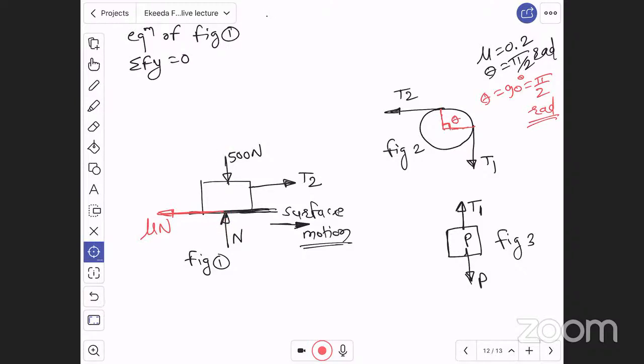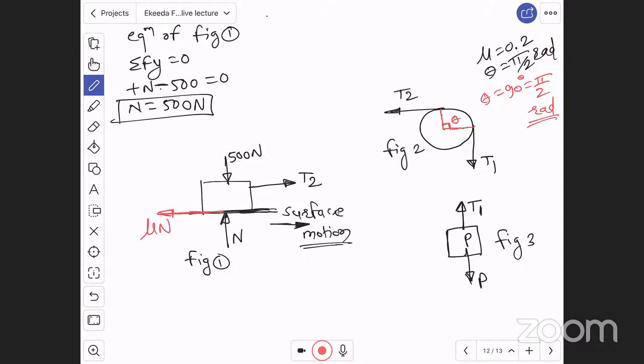Upward is positive, downward is negative. Therefore, plus N minus 500 is equal to 0. Therefore, normal reaction N is equal to 500 Newton.